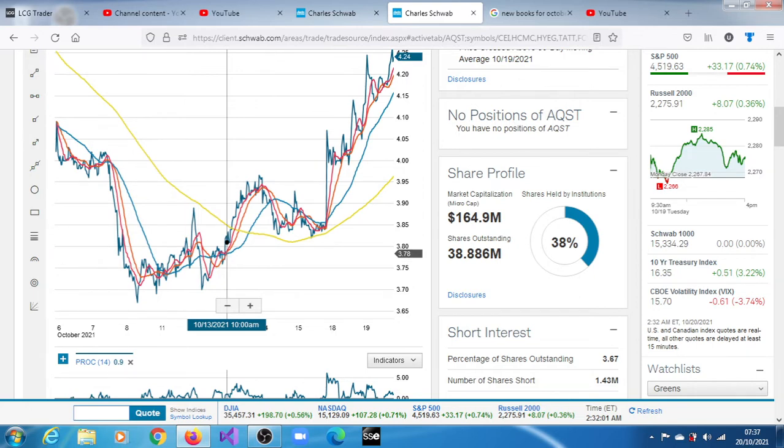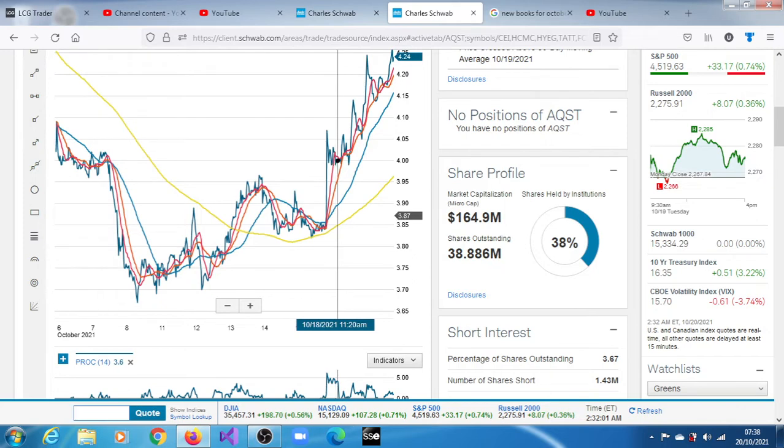You can see that sometime around the 13th, just as the market opened, the stock crossed the 50-day moving average based on this 10-day chart. I think also later on in that session, about an hour in, they crossed the 50-day moving average, and at various times they have crossed below the 50-day moving average, but not the 200-day moving average.